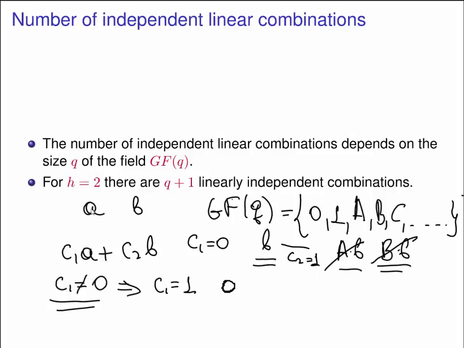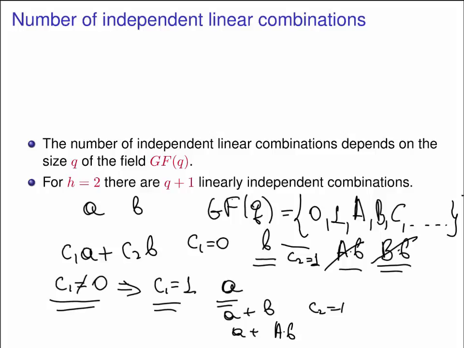So the combinations will be A, for example, which corresponds to C2 equal to 0. Then we have A plus B, right, in this case C2 is equal to 1, A plus A times B, and so forth. So all those combinations will be independent. Any two of them will be linearly independent.